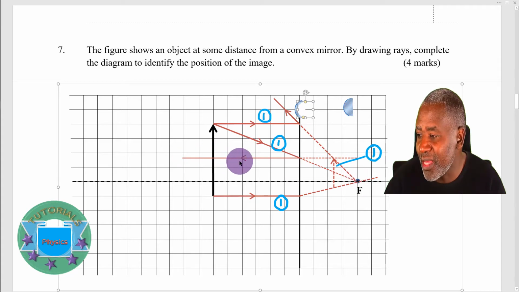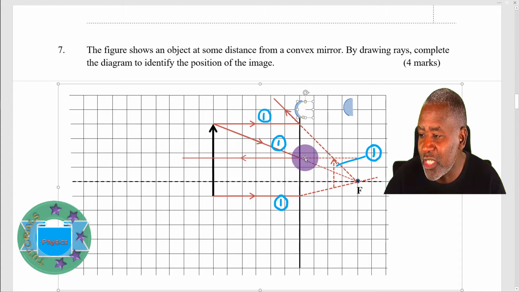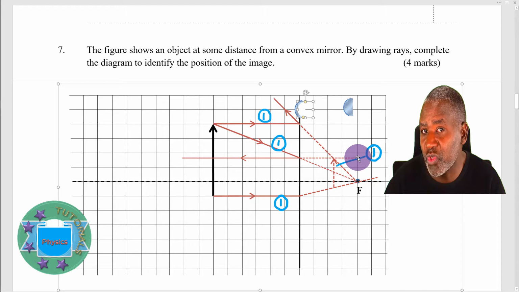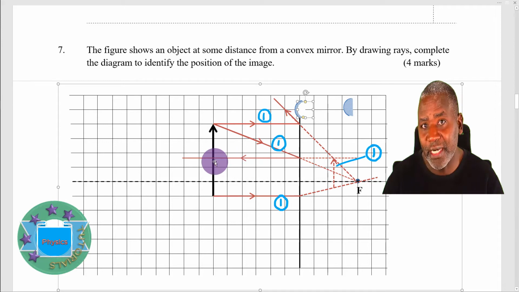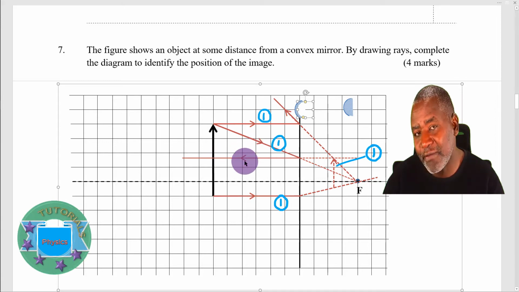Then this other one too here, we dot it backwards. And remember how each one of them was obtained. I want to emphasize that this one is an incident ray and this one is a reflected ray. So they must have arrows.